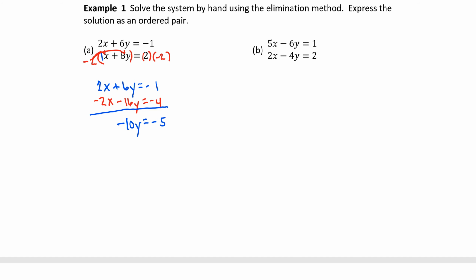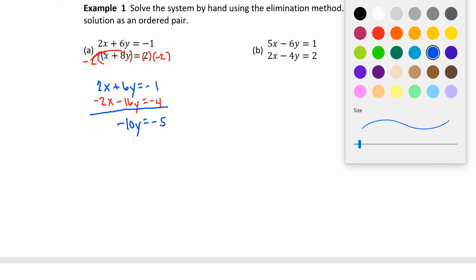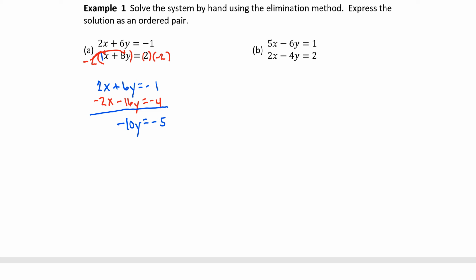Notice the result is a linear equation in one variable, and we've learned how to solve these. So we're going to isolate y by dividing both sides by -10, and here we've arrived at half of our solution. When we reduce that number, we can see that y is equal to 1/2.